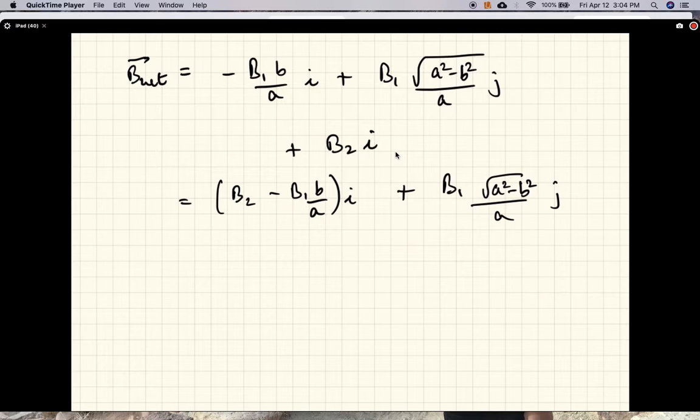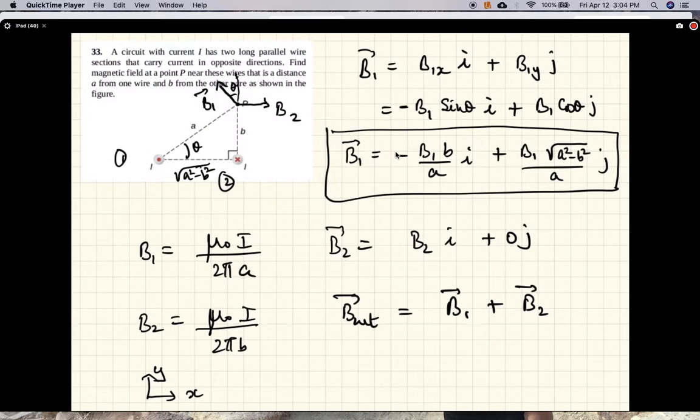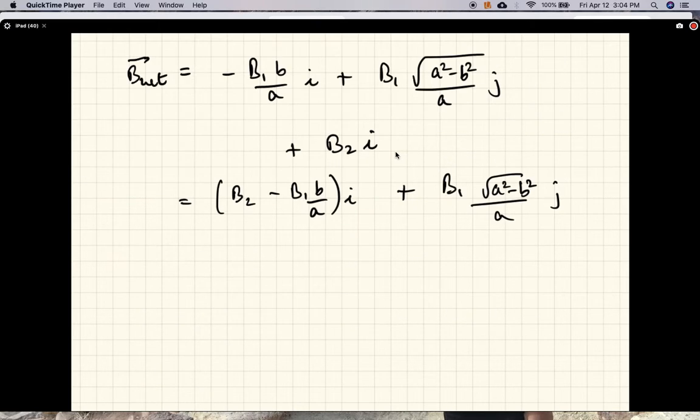Okay, so let's clean this up. Here are B1 and B2, so we'll put those values in.